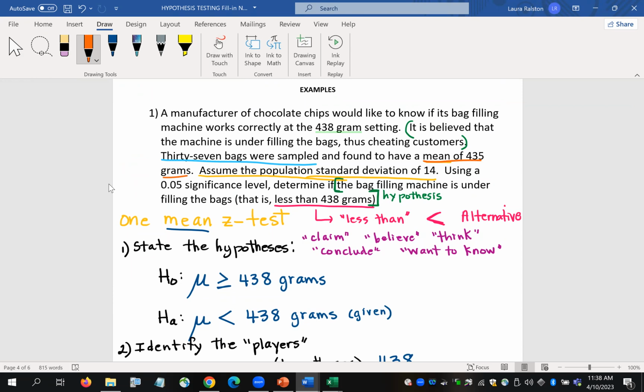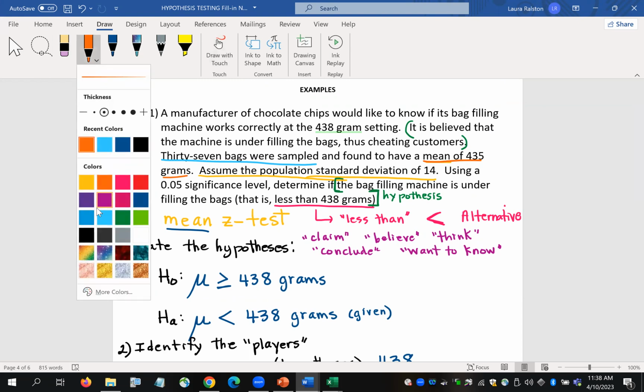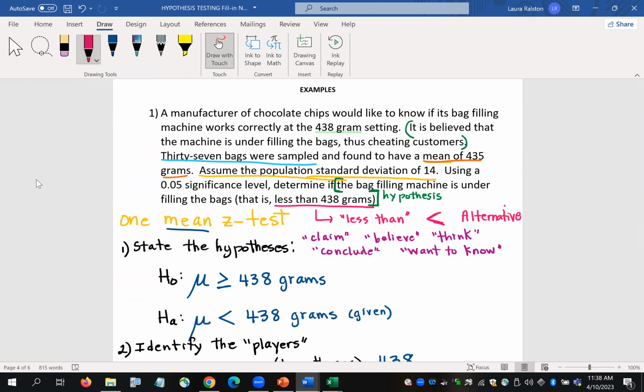Assume the population standard deviation of 14, and then using a significance level of 0.05. Guys, everything is there.